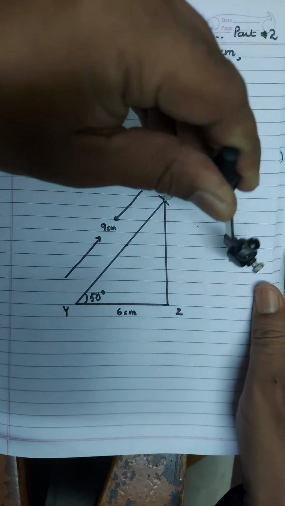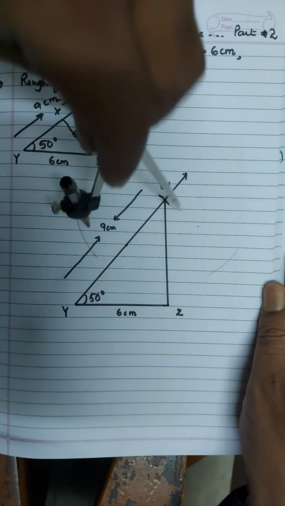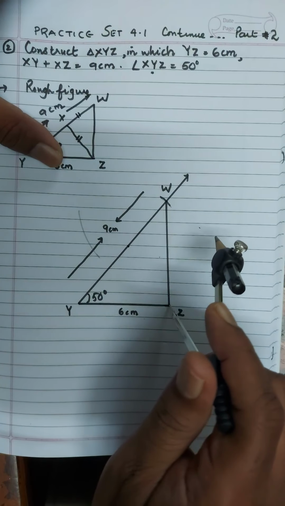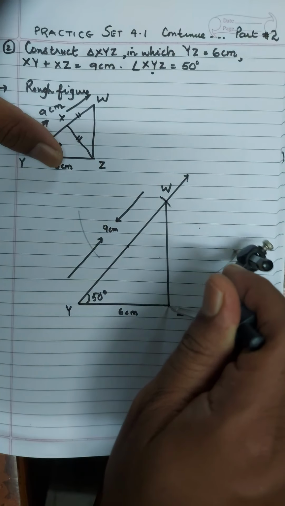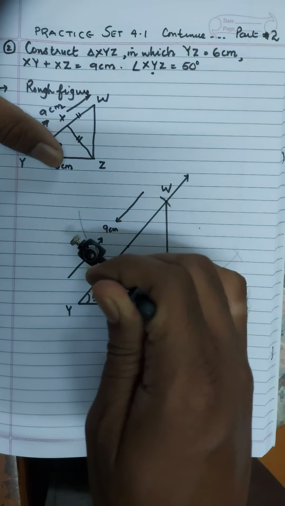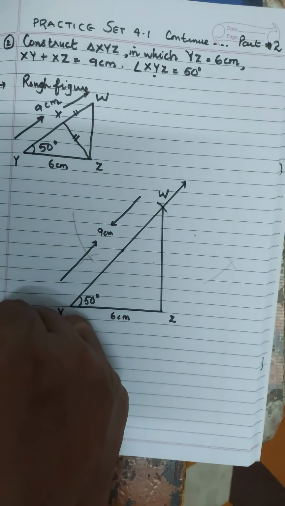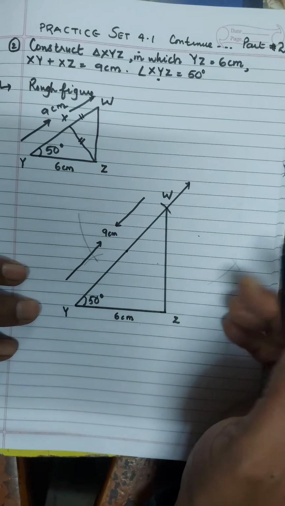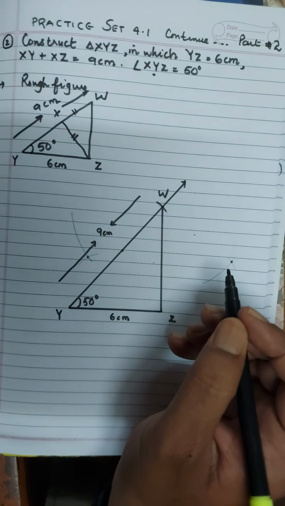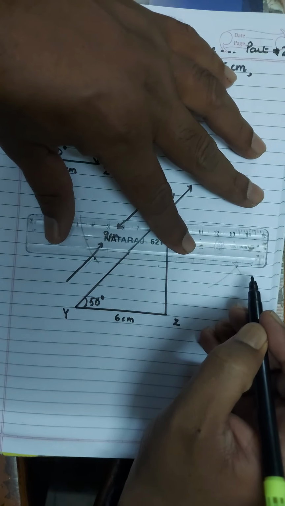So this is point W, and taking more than half, we need to draw an arc here and here also. Then we put the compass on Z and intersect that arc. After intersecting both arcs, we got the intersection points. Now we need to draw the straight line joining both points.